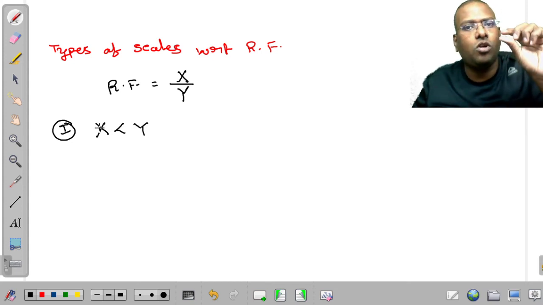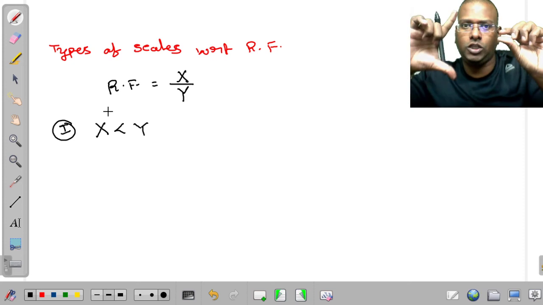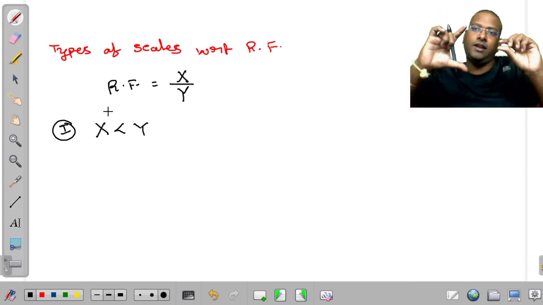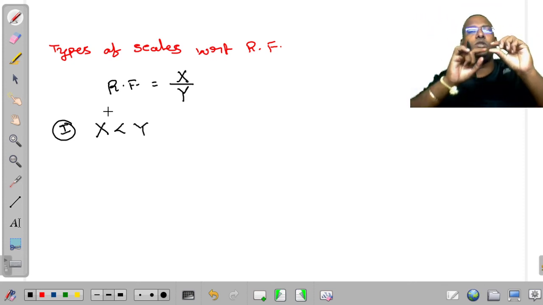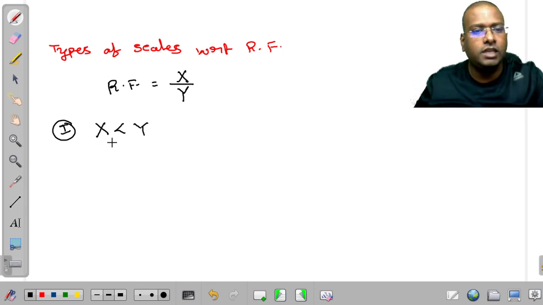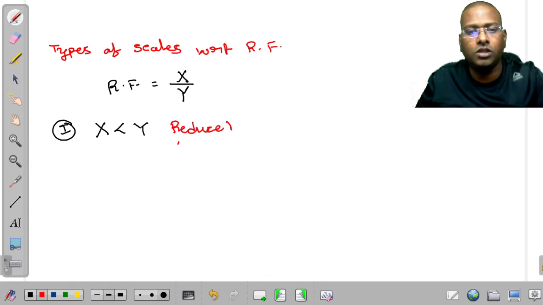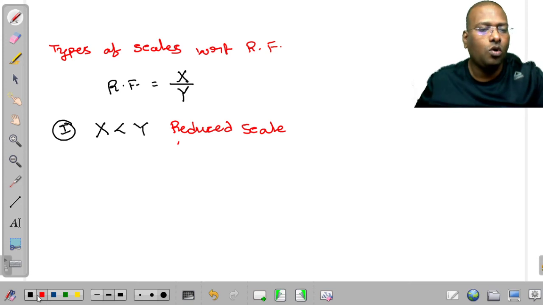The numerator, the drawing, is a small dimension and the actual is a large dimension. So this larger element we are reducing. That's why whenever x is less than y, it is called a reduced scale. What is an example for this?